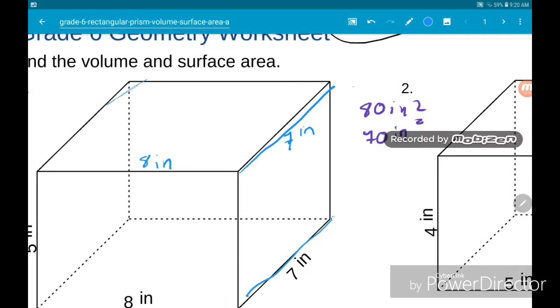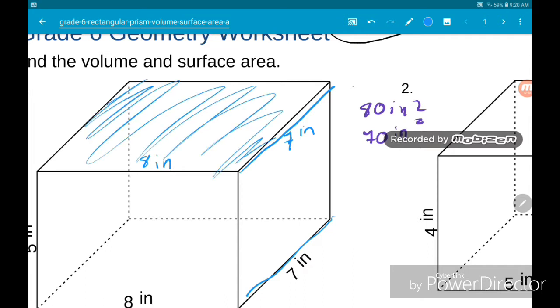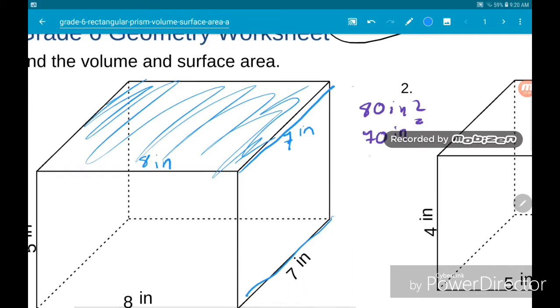That'll give us this area up here. 8 times 7 is 56. But there are two of them, the top and the bottom. 56 plus 56 is 112 inches squared.